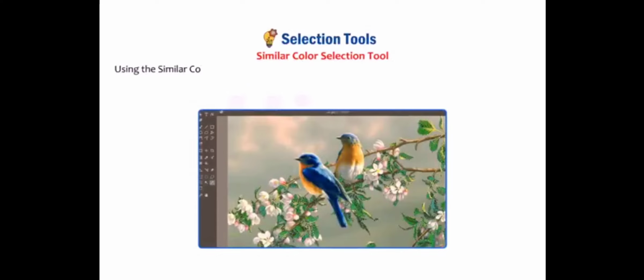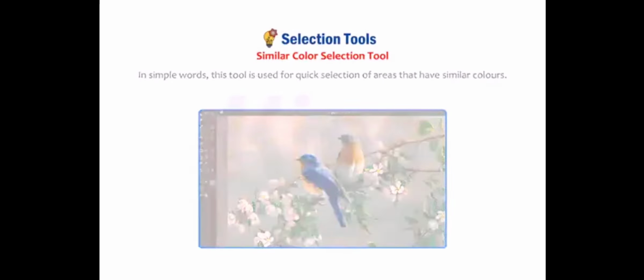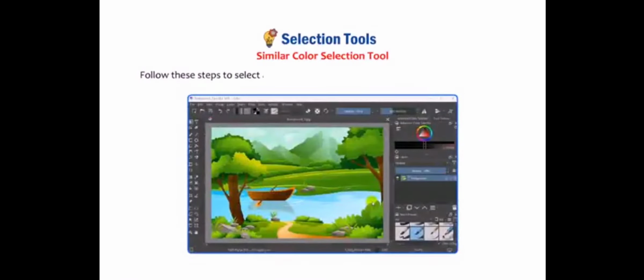Similar color selection tool. Using the similar color selection tool, you can make selections by selecting any point of a color in an image. In simple words, this tool is used for quick selection of areas that have similar colors. Follow these steps to select a part of the image using the similar color selection tool.